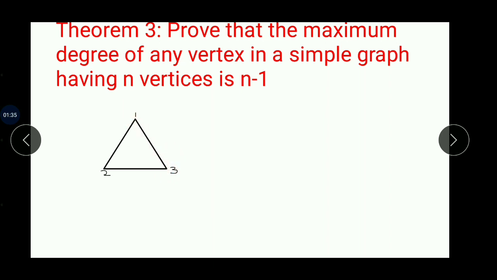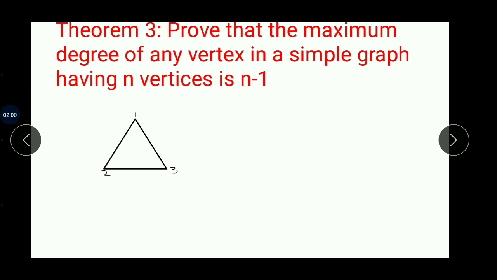Vertex 1 cannot be attached to itself, because in a simple graph there is no loop. So if I have 3 vertices and I look for the maximum degree of 1, it can be 3 minus 1 only, which is 2. Similarly for 2 also, the maximum degree of vertex 2 will be 2, and the maximum degree of vertex 3 will be 2.